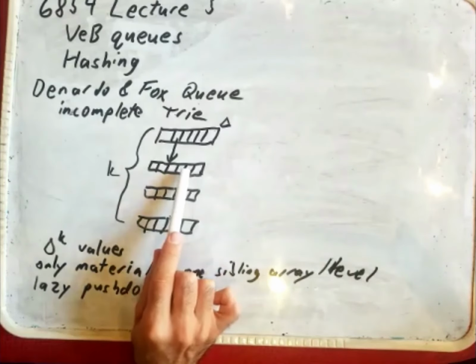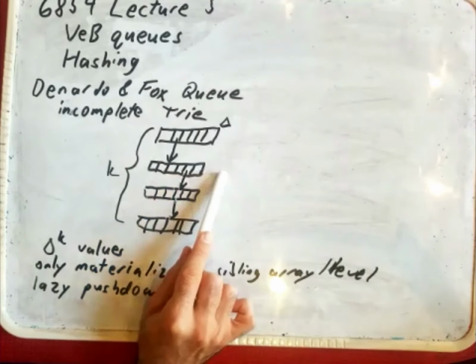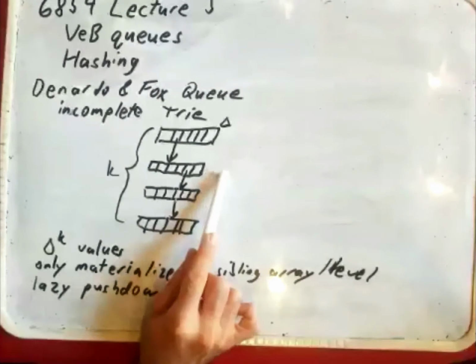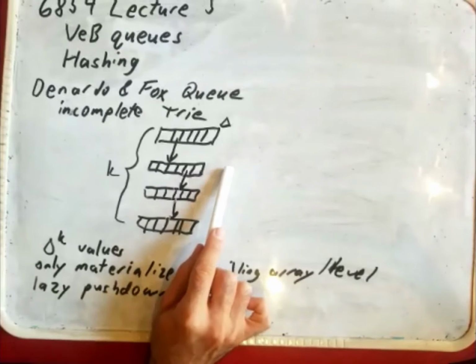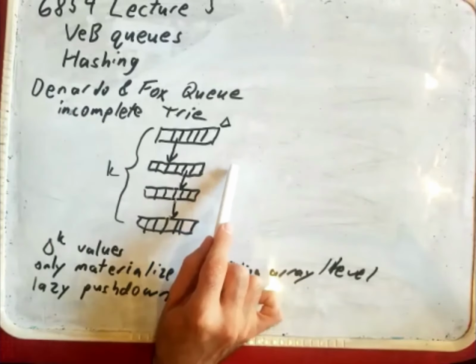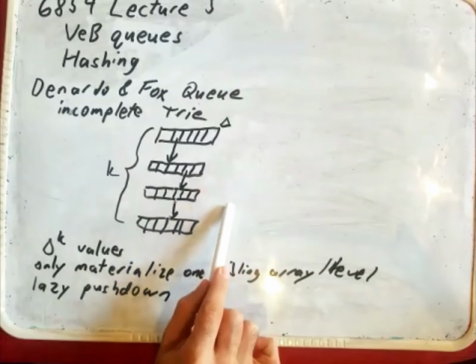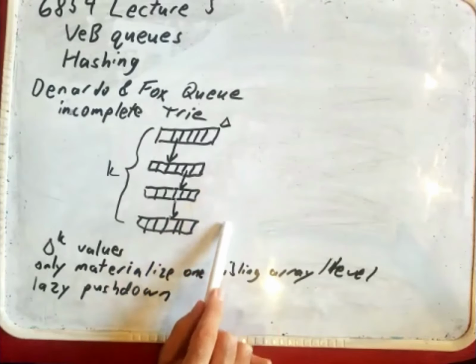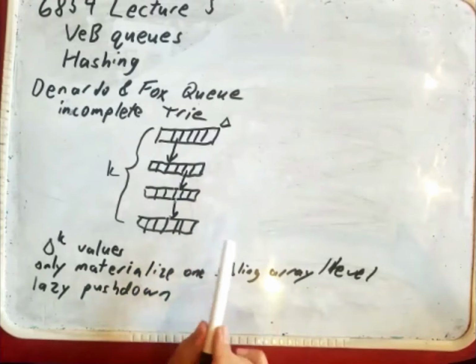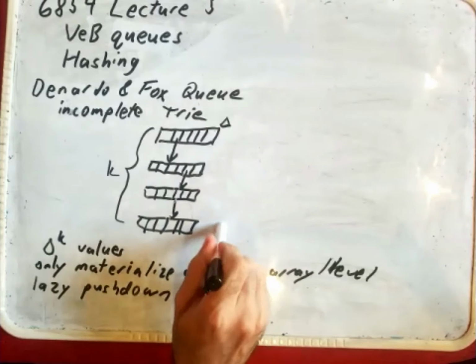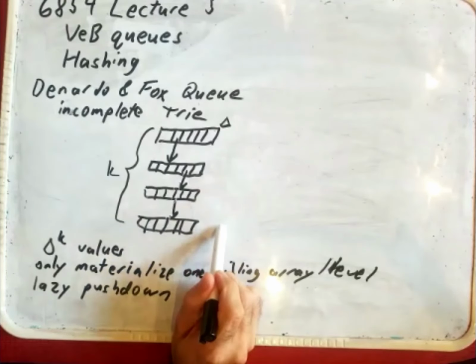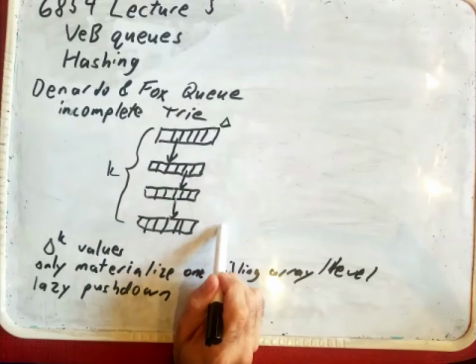Once you find a non-empty block, you scan from where you are to the next non-empty entry in that block. And then you expand that entry down, unpacking the items in that bucket into lower and lower levels until the new minimum item ends up in the new bottom block.